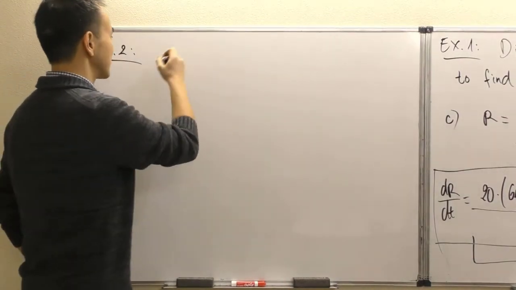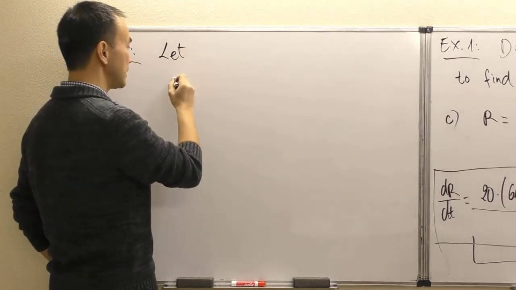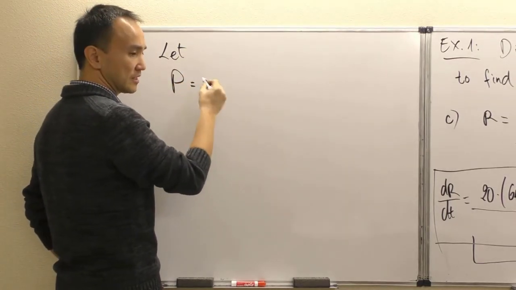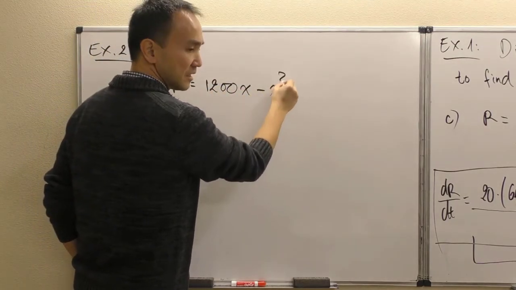I'm going to start out by giving an equation. Let P equal 1200x minus x squared.